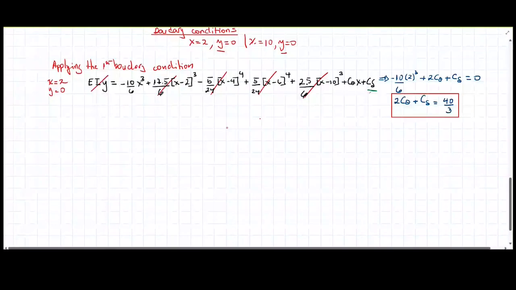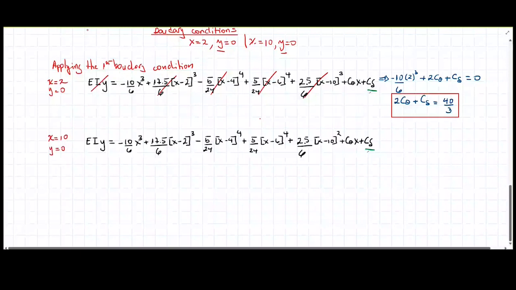Now, if I apply the second boundary condition, let me see if I can paste again. Yes. In here. And this is going to be when x equals 10, and y is equal to 0. Now, these terms are going to be 0, second boundary condition.